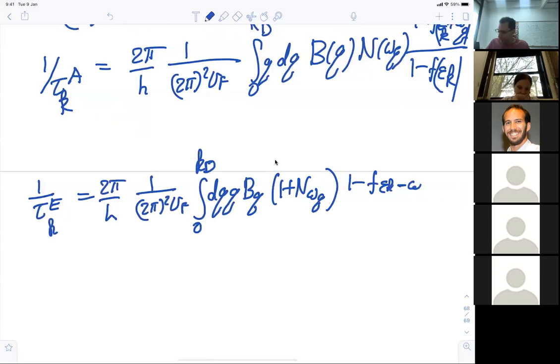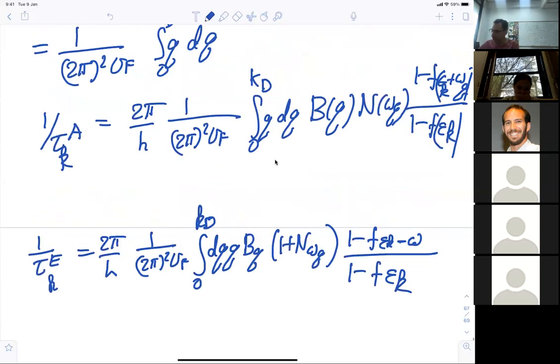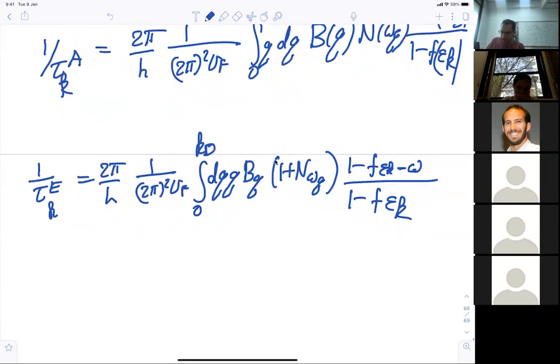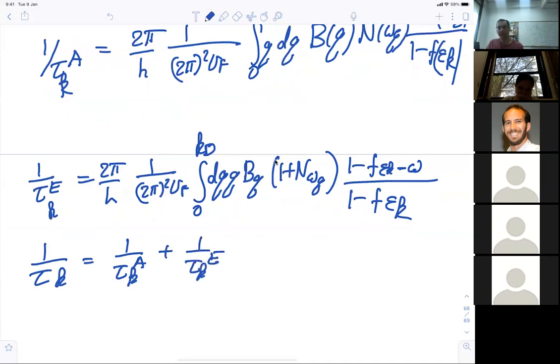Sorry, almost. Absorption and emission. So here, omega is added to the energy. Here, omega is subtracted from the energy. And 1 over tau k is 1 over tau k absorption plus 1 over tau k emission.